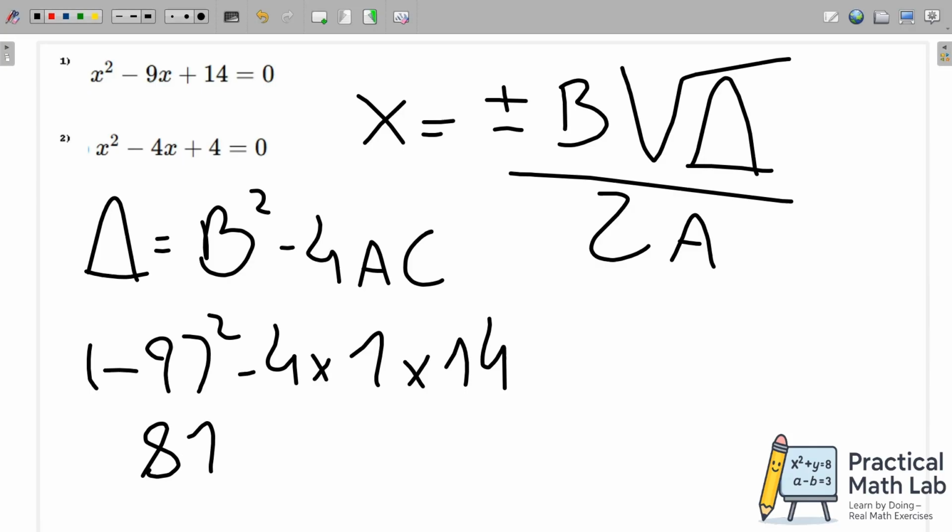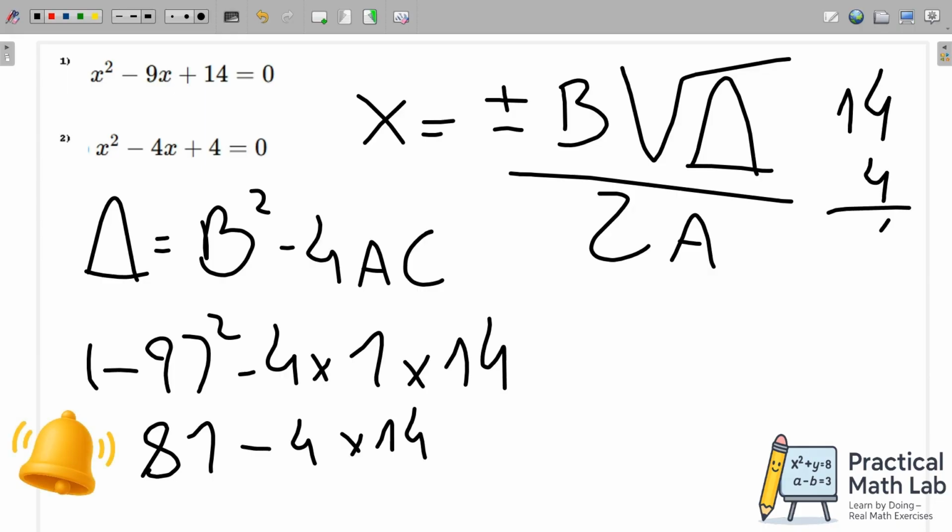Minus 4 times 1 is minus 4 times 14. Let's do it here on the side. 14 times 4, 4 times 4, 16. Carry 1. 4 times 1, 4, 56.